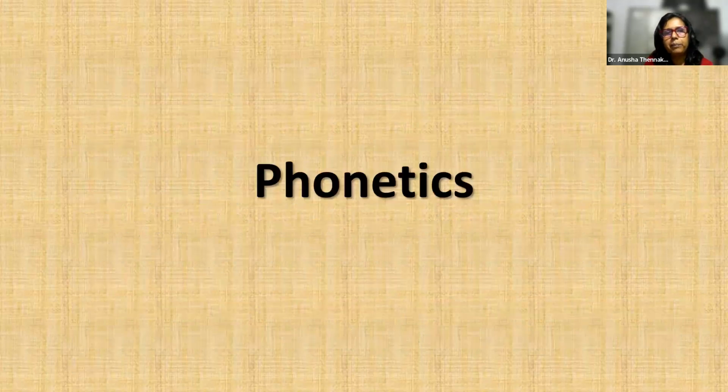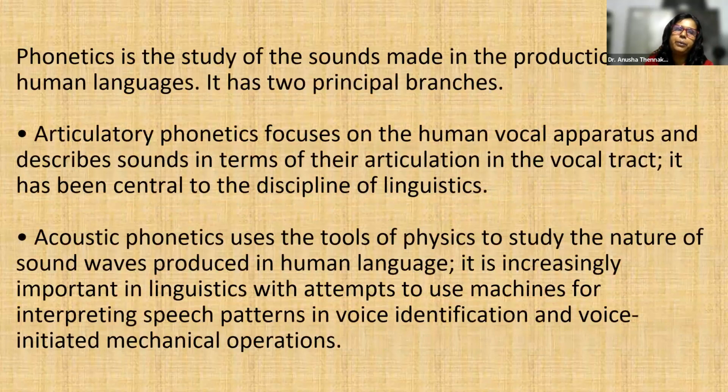Then we came to the topic of phonetics, and we got to know what phonetics is. That is the study of sounds made in the production of human speech. We got to know there are 2 types of phonetics: articulatory phonetics and acoustic phonetics. Here we paid our attention to articulatory phonetics, that means how these sounds are articulated, that means produced.